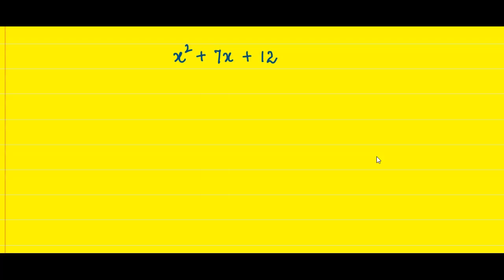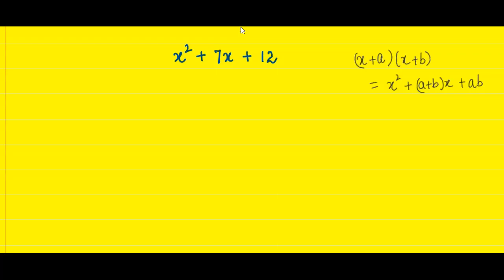So here we have to remember that whenever we have a trinomial whose last term is not a perfect square, we have to compare it with this: x plus a times x plus b, which is equal to x square plus a plus b into x plus ab. This is an identity which we have to compare this trinomial with.